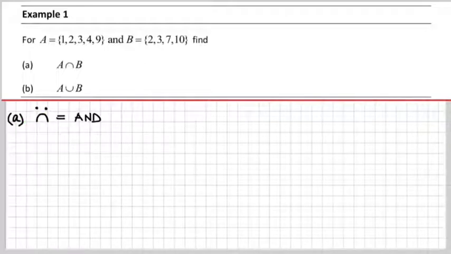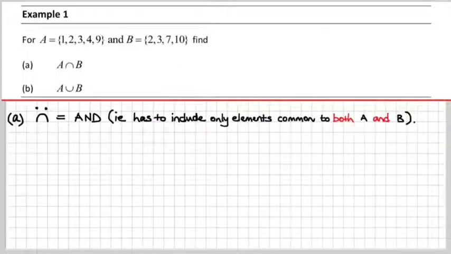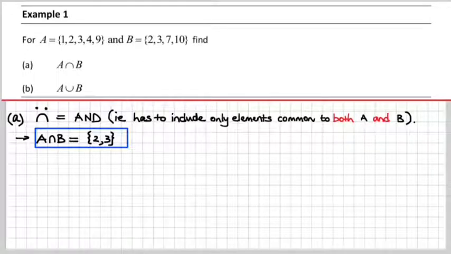So that means and, which means we have to include only elements common to both A and B. So A and B would mean, let's have a look, we've got 2 and 3 in common to both, haven't we? So that's A and B.